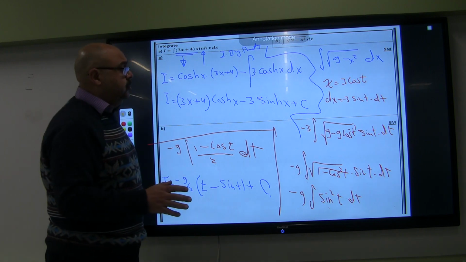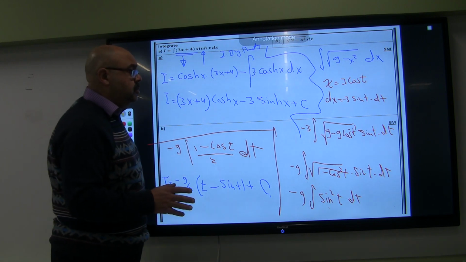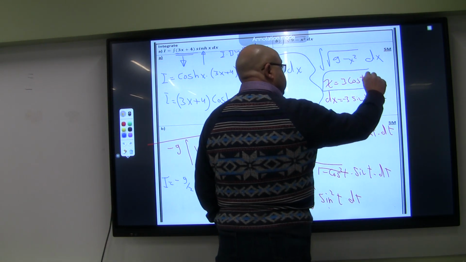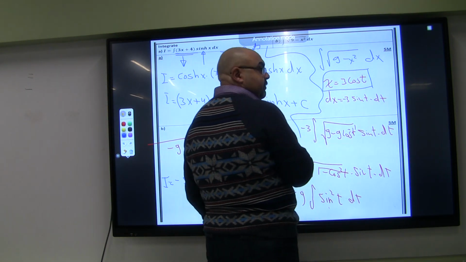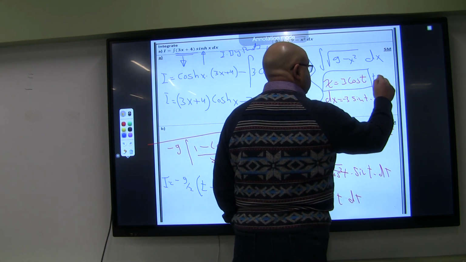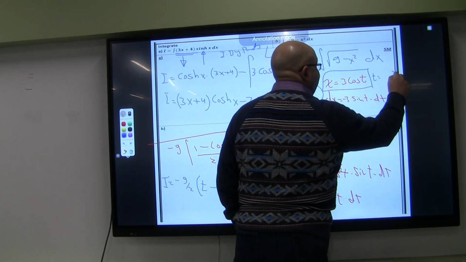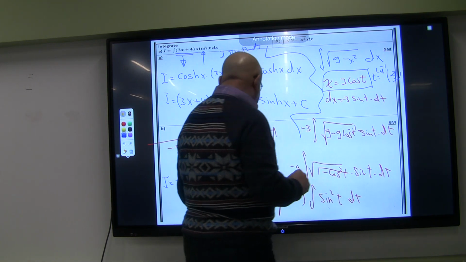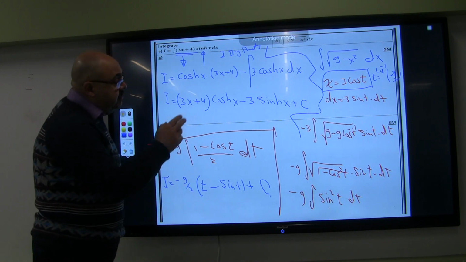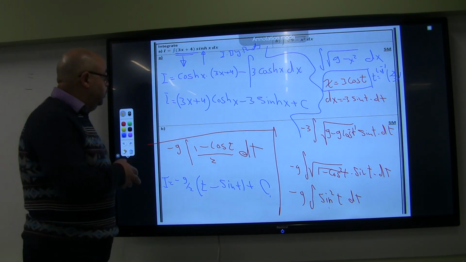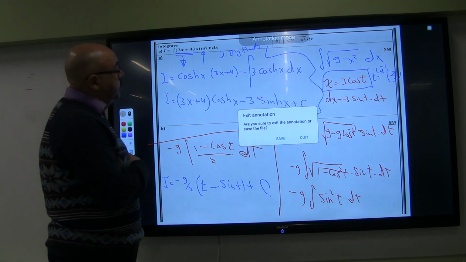If you would like to reverse your substitution, simply from this relation, get t as a function in x, which is simply going to lead to t equal to cosine inverse of x over 3. So I'm going to replace every t by cosine inverse of x over 3, and this way you will have your final work.